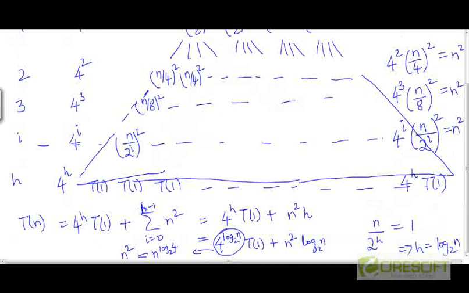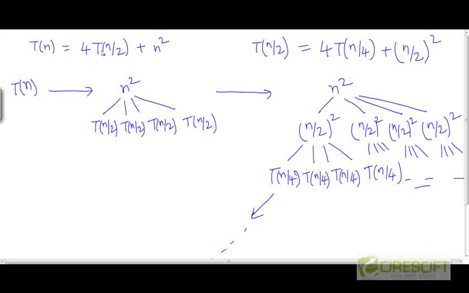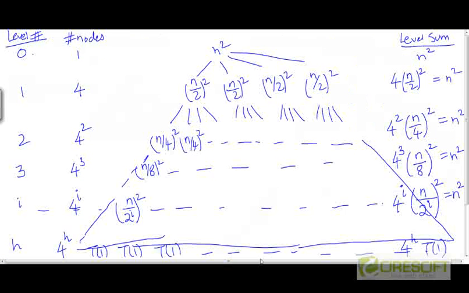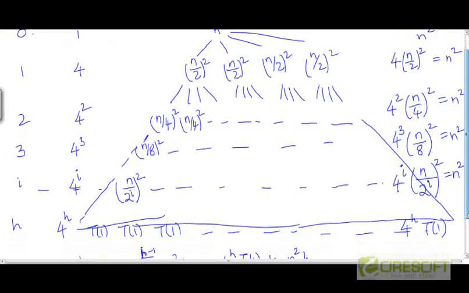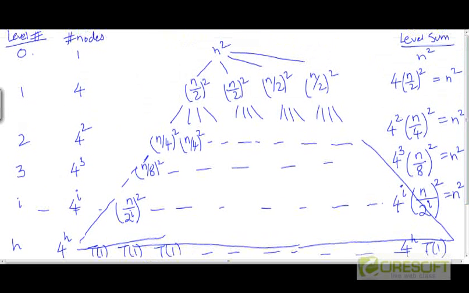Let me go back and show you an example. If you recall, for this particular example, t of n being 4 times t of n by 2 plus n square, we ended up with the same level sums at each level, n square, and the overall complexity of this algorithm was n square times log n, which was nothing but n square multiplied by the number of levels, which was log of n.